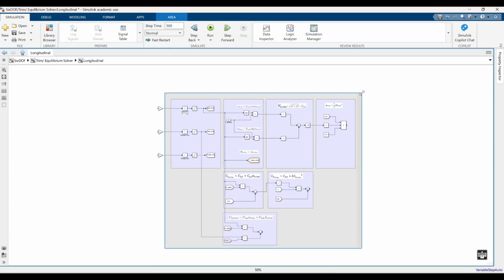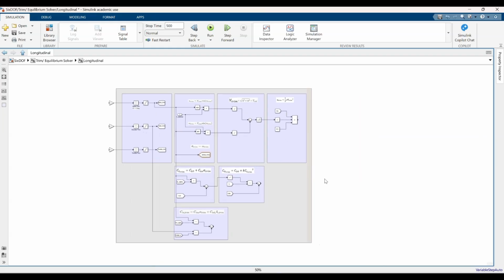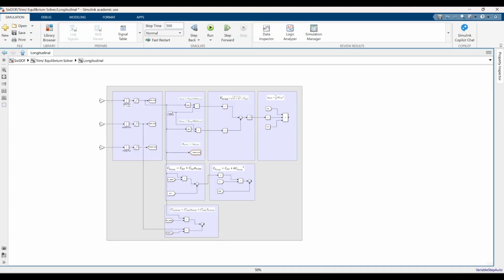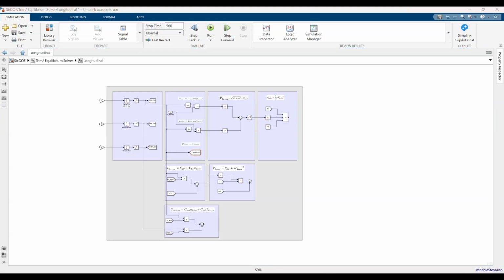Now let's do the secondary level, which will use the input from the primary level. So from the secondary level, I am going to calculate my force parameters.